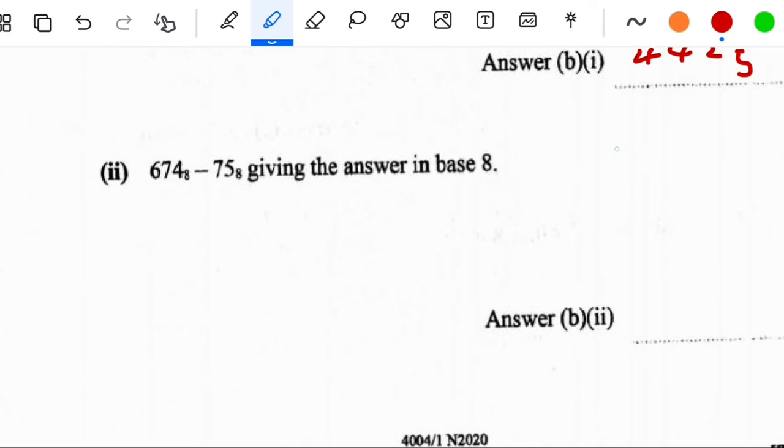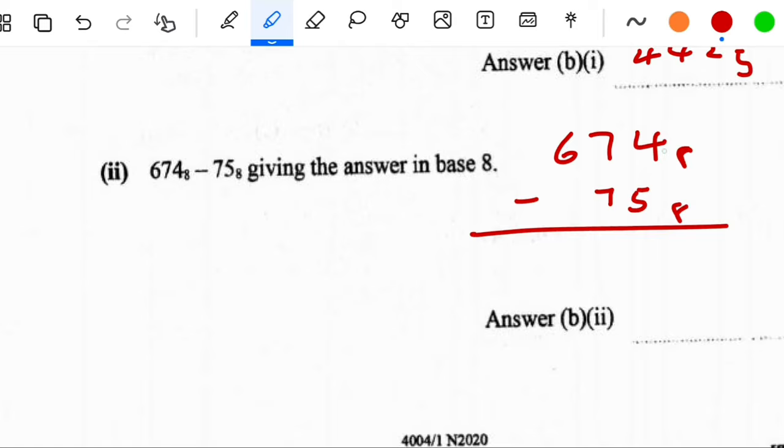Then this one, evaluating there, I've got 674 base 8 minus 758. Then I'm subtracting there. Here I will borrow 8 and have 4 plus 8, which is going to be 12. Then here I'm going to make it 8. Here I'll make it 7 plus 8, which is what? 15.